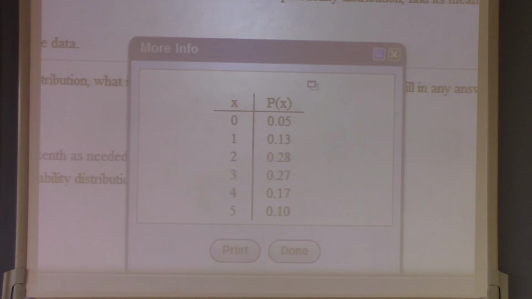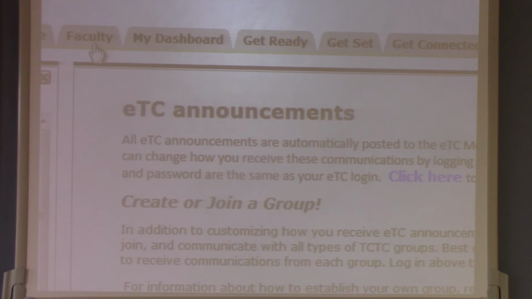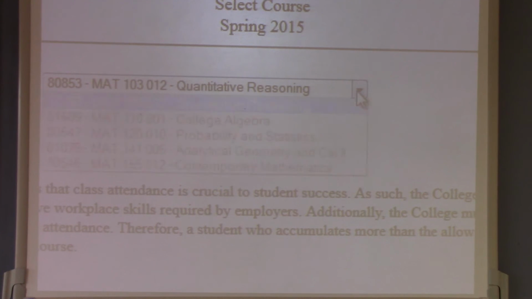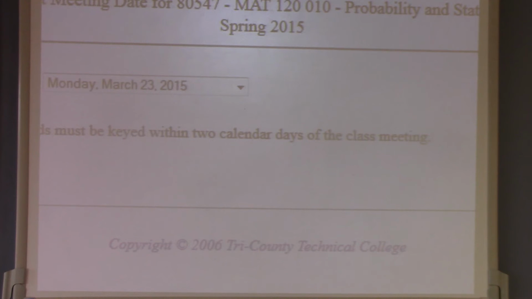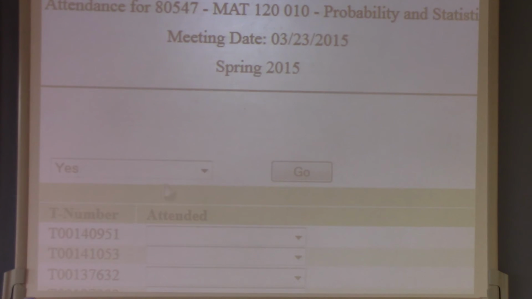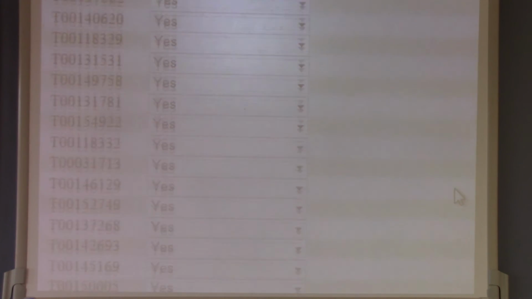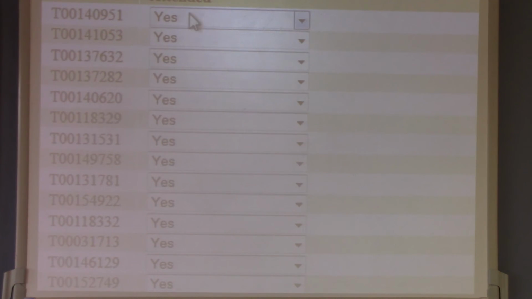I'll go ahead and do the roll. Keep the bureaucrats happy. Today's March the, yeah. Bailey, here. Bolt, here.